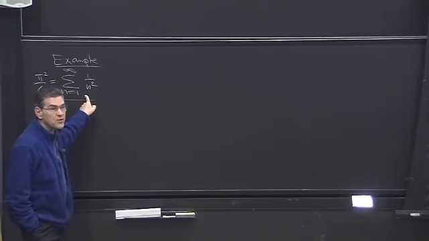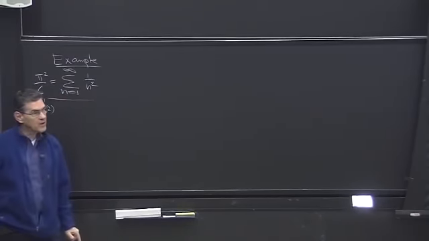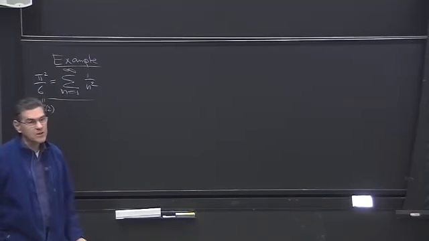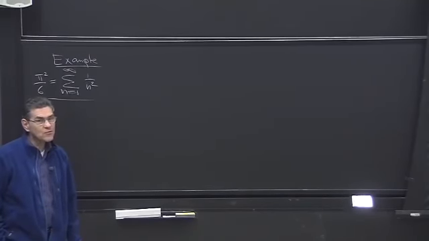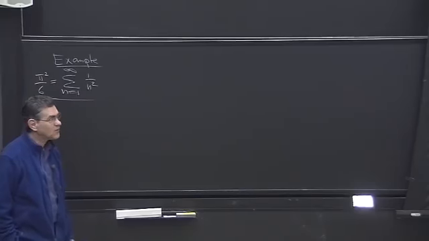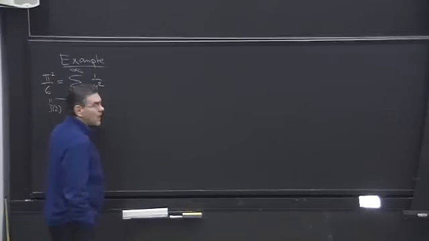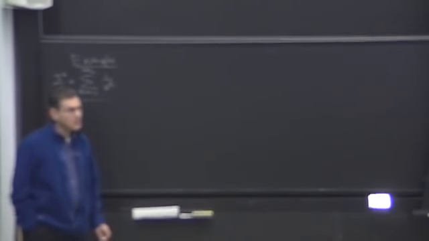To show that this is true using freshman calculus is not trivial. That's a very hard series to evaluate analytically. You can do it, and if you're interested, I'll show you sometime. But suppose we have this problem.